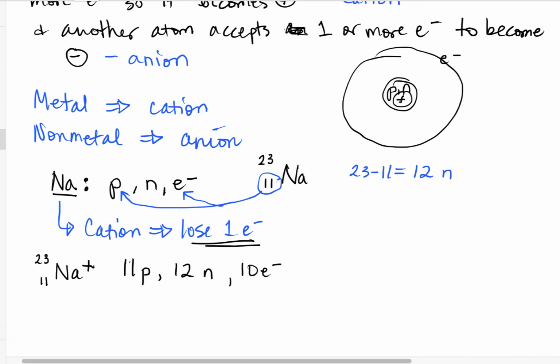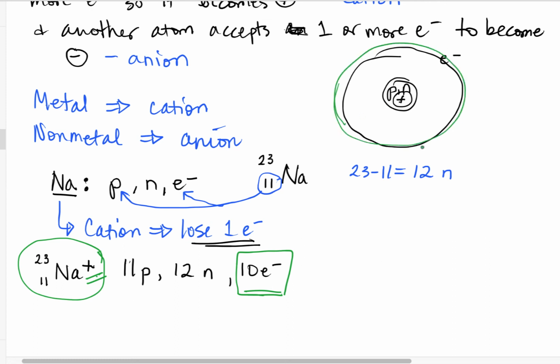So I'm going to say this again. It might sound repetitive, but I want you to be really, really sure. When you make cations and anions, it is the electrons that are changing. Remember, those electrons are the ones that are outside the atom. They are the ones that we can actually move around. The protons and the neutrons are jammed in that nucleus, and just forget about it.